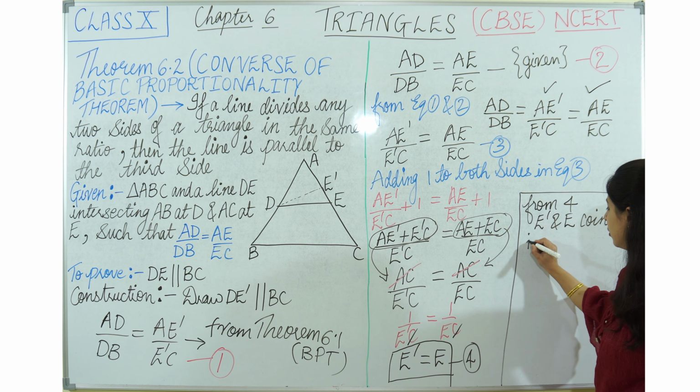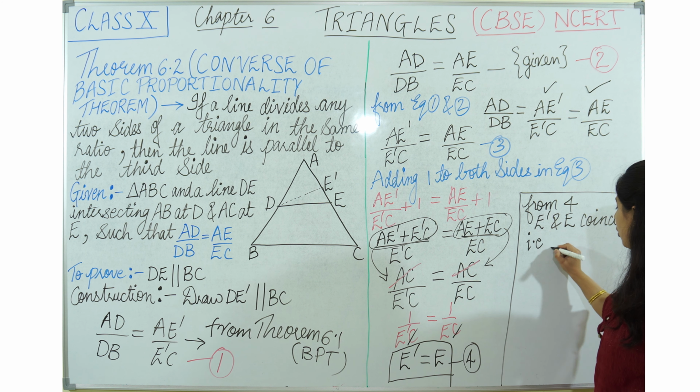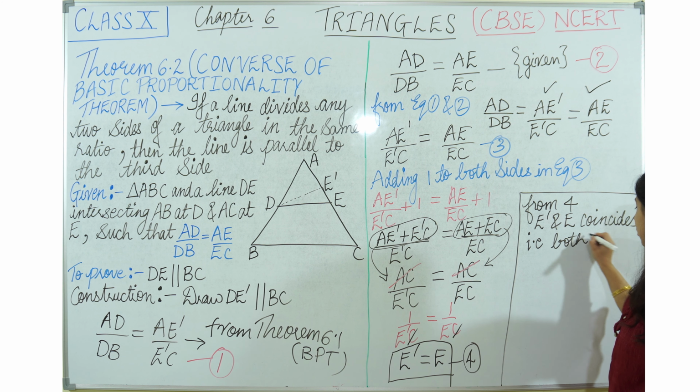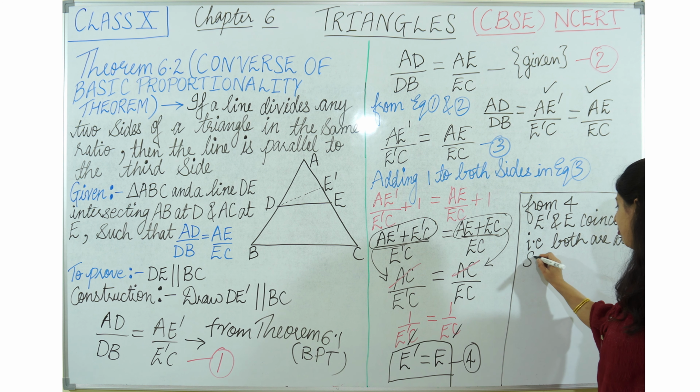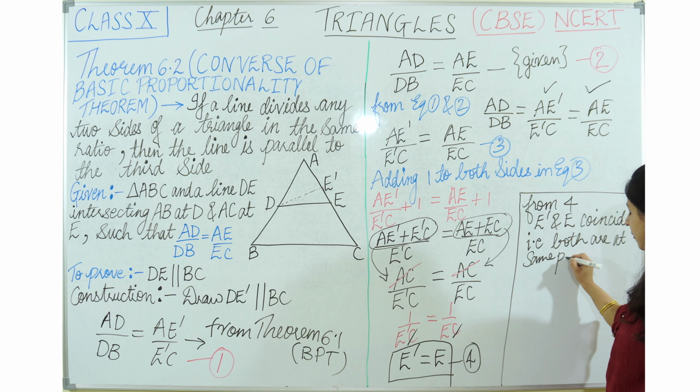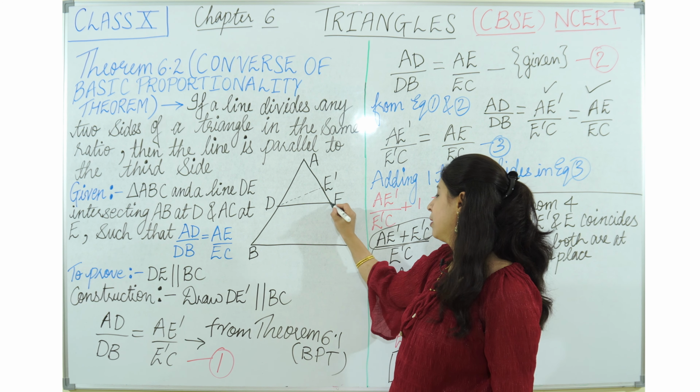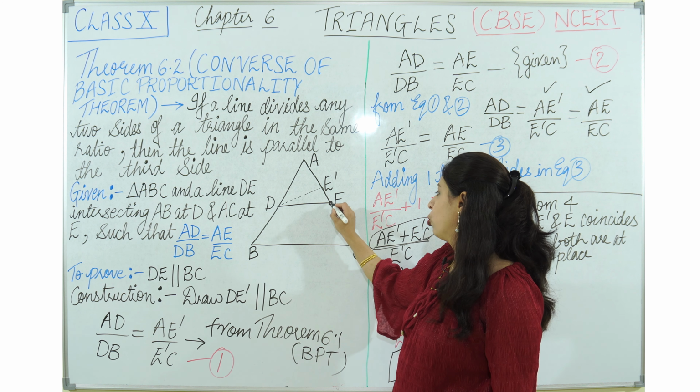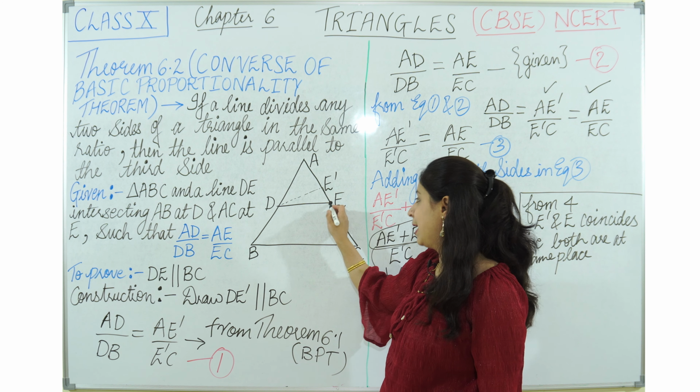That is, both are the same point. Both are at the same place. That means E dash and E both are coinciding over here itself.